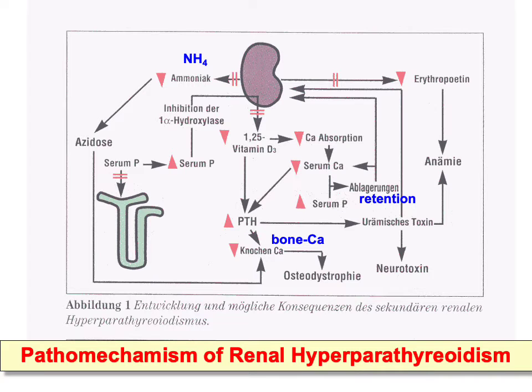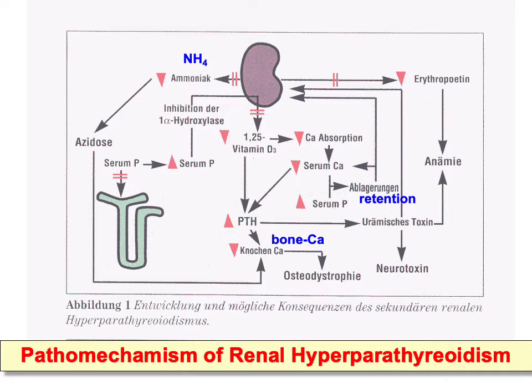Low active vitamin D3 may decrease the calcium absorption. Consequently, the serum calcium will decrease, and once more the serum phosphate will increase. By this way, you will have a highly increased parathormone secretion by the parathyroid gland.